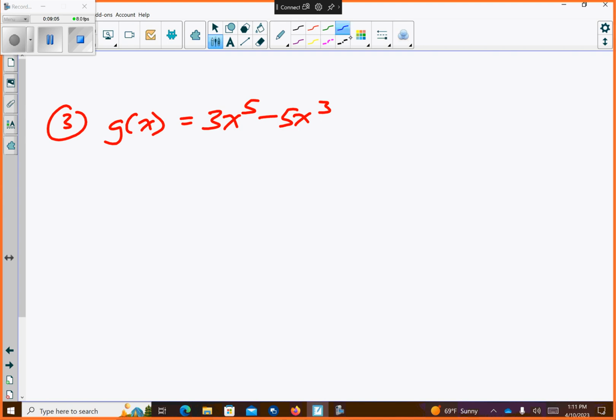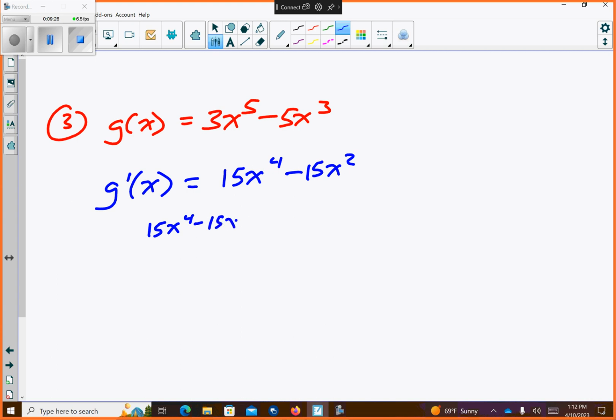Okay, so yes, we could use Desmos, or I could take the first derivative of this. If I take the derivative, I'm going to get 15x to the 4th minus 15x to the 2nd. And then we could solve that, set it equal to 0.